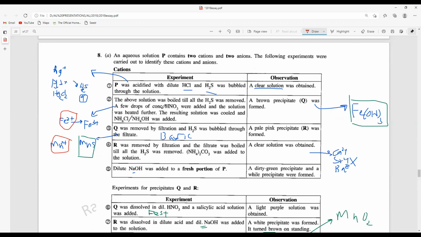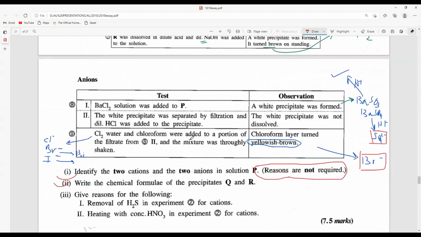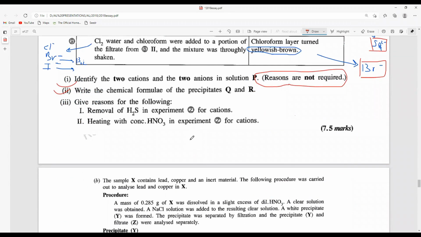Therefore, we add HNO3 so that we can convert this Fe2+ into Fe3+, which has enough concentration and its Ksp value is very small, so that the ionic product exceeds its Ksp value and precipitates out as ferric hydroxide. Okay, so you can write down those two reasons for H2S as well as the addition of HNO3.